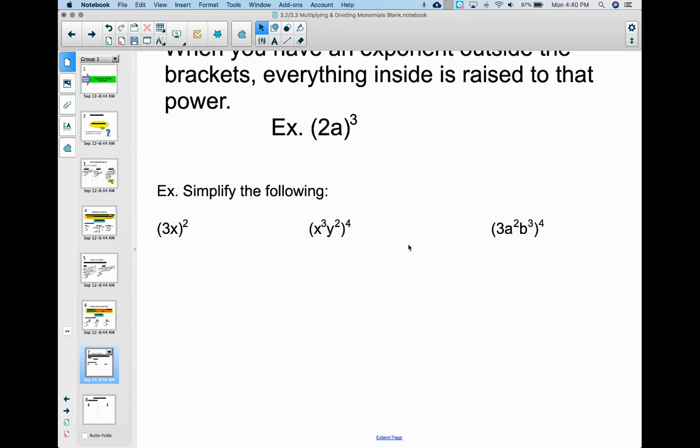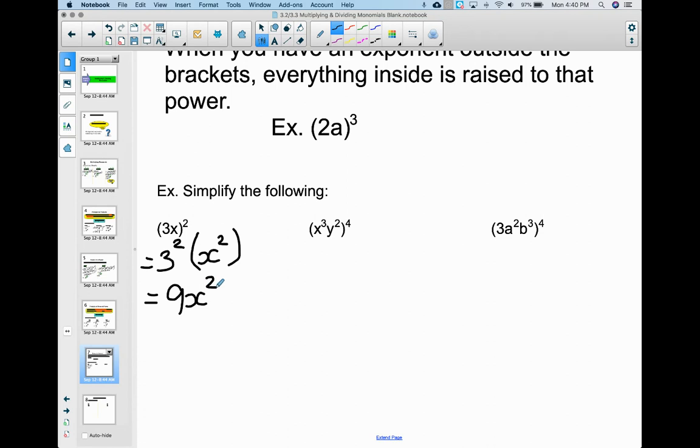So if we are looking at 3x entirely to the power of 2, the power of 2 applies to 3 and to the x. 3 to the power of 2 is 9, and x squared is in its simplest form, so the answer is 9x squared. In this case, the power of 4 right here is applied to both the x and the y.